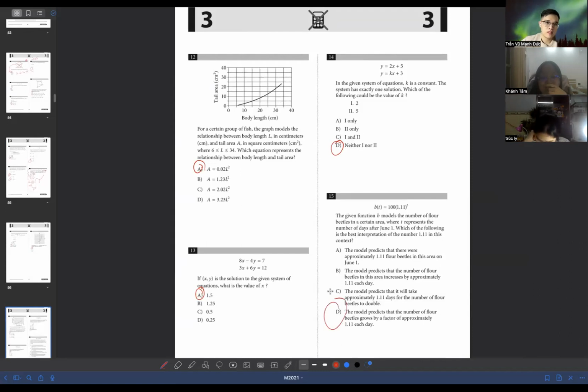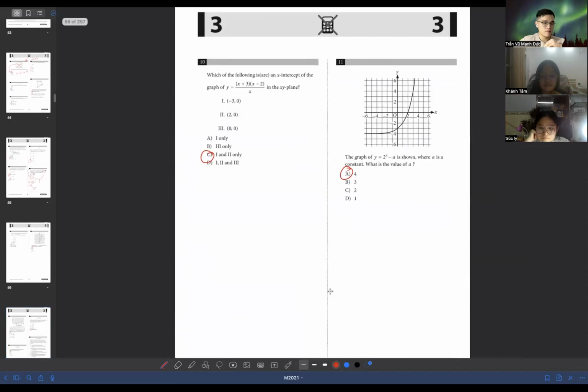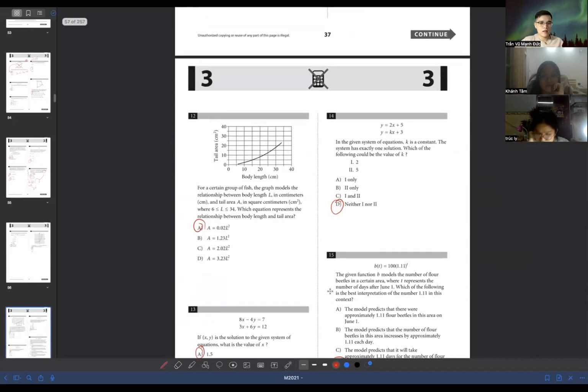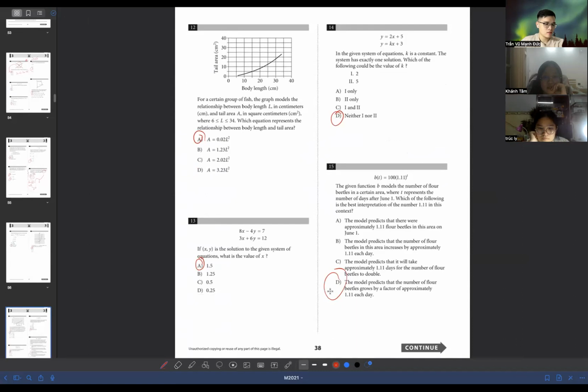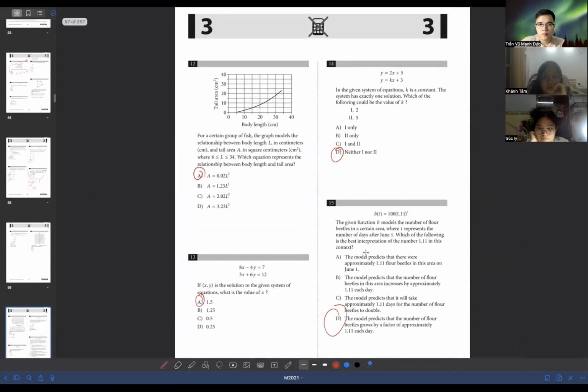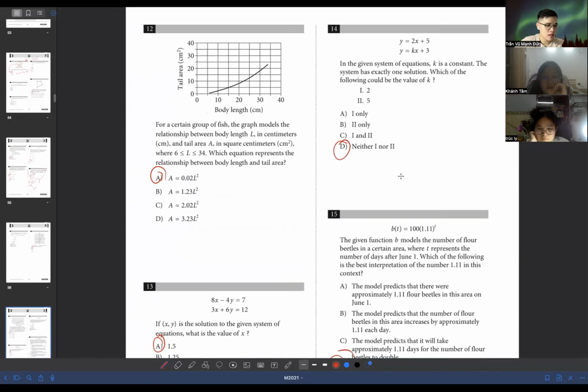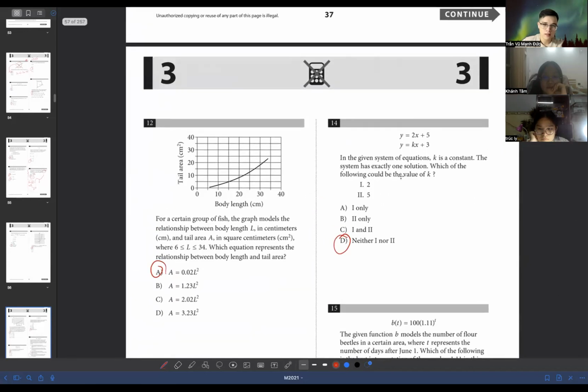All right, let's see. 11A, 12A, 13A, 14D, 15D. There's one problem here. 14 is B. Let's see.